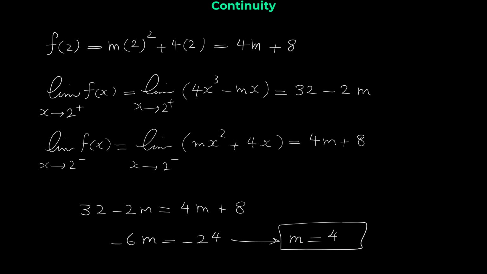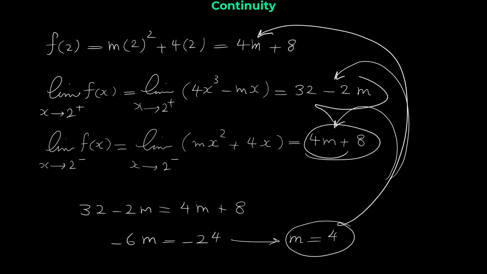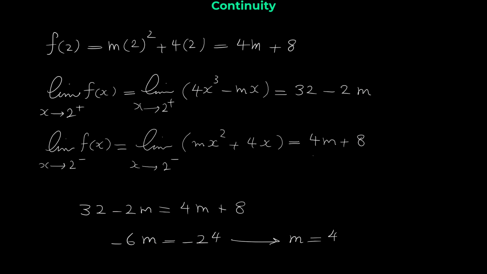To check that this number really works, if you plug in 4 here, and here, and here, you can see that all of these values are equal to each other. And this shows that this number makes the function f continuous.